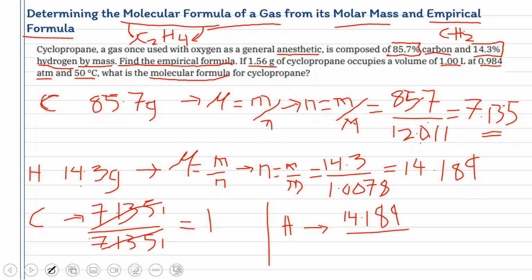The smallest number. What's the smallest number? 7.135. And what do you get from that? Your calculator.